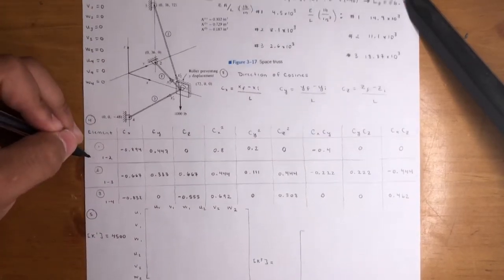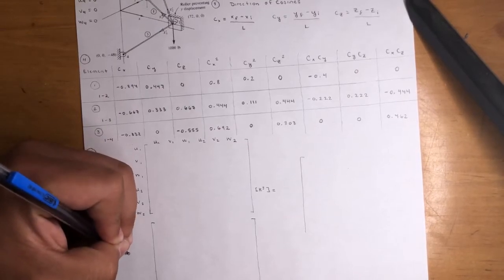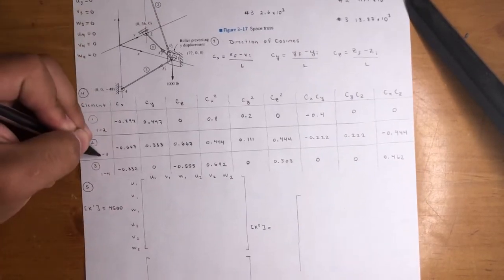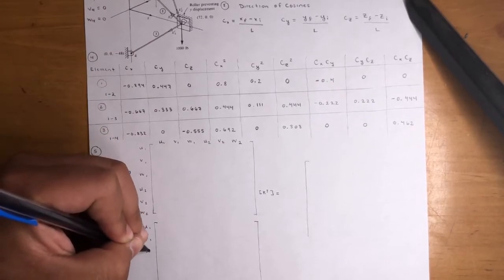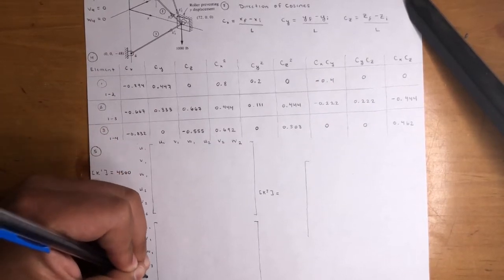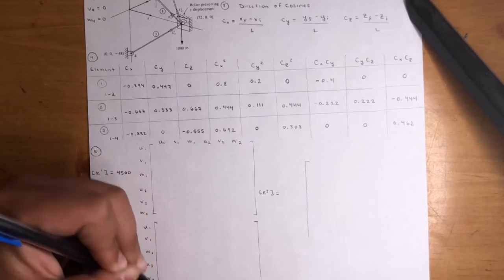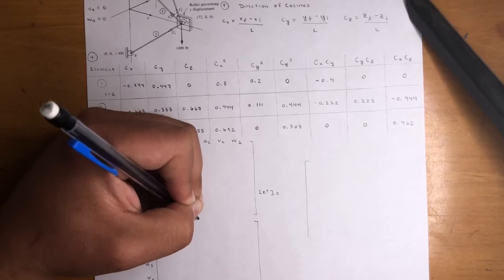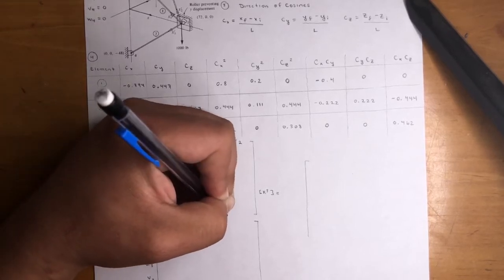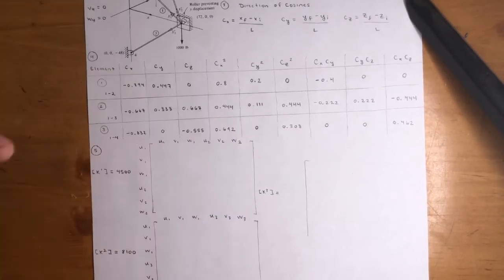For K2, our stiffness is 8100. So we're going to put 8100, and that goes from 1 to 3. So it's going to be U1 V1 W1, U3 V3 W3. Fill it in this way, U1 V1 W1, U3 V3 W3, okay?